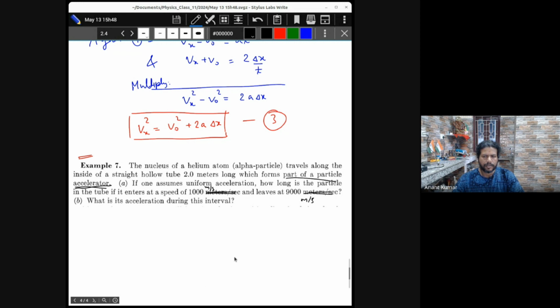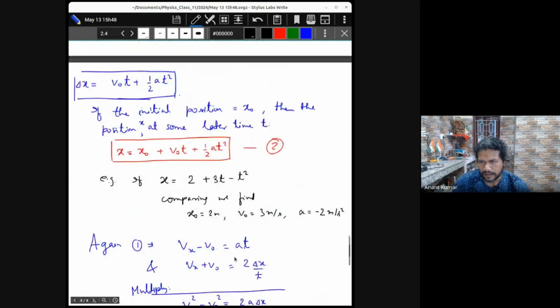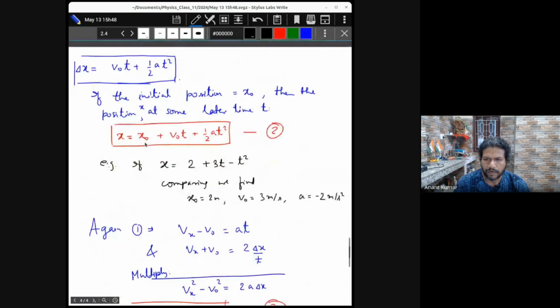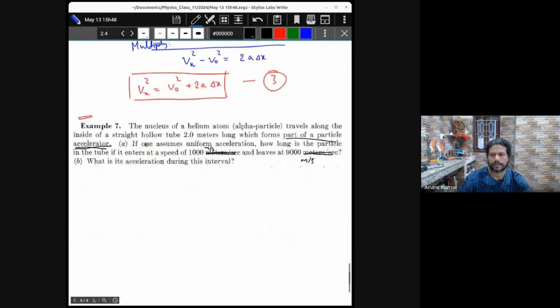We can use this equation directly over here: displacement is (V0 plus Vx) into T by 2. From there we can find the time, since the time interval can be obtained from it.